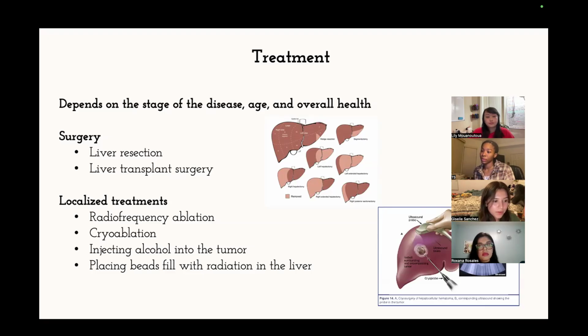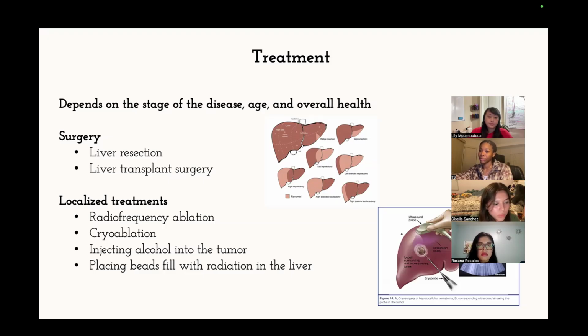And usually the requirement is that they have a single tumor that is less than or equal to 5 centimeters, or if the patient has 3 tumors that are each less than or equal to 3 centimeters. And then for localized treatments, these treatments are administered directly to the cancer cells.